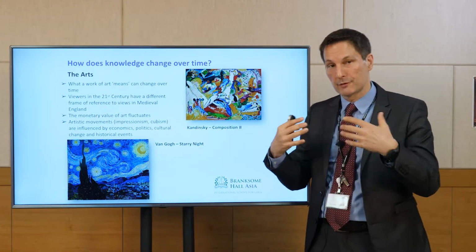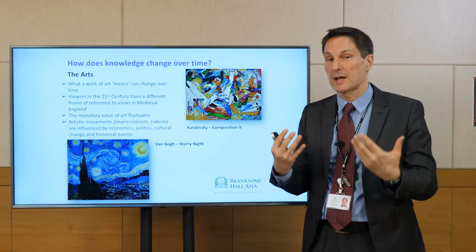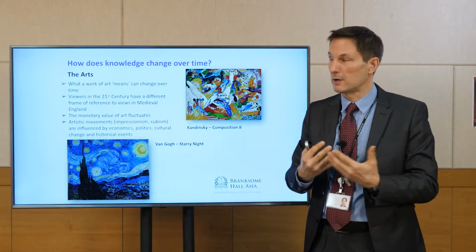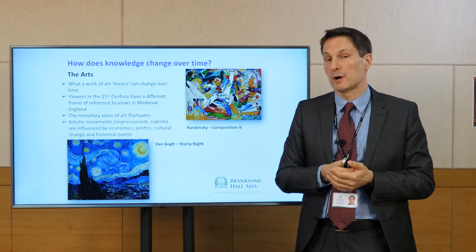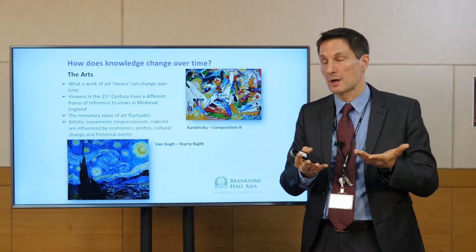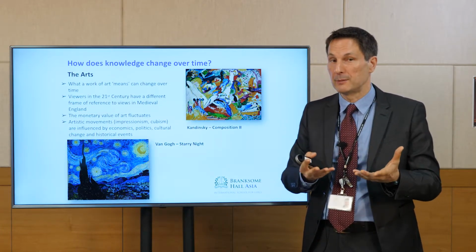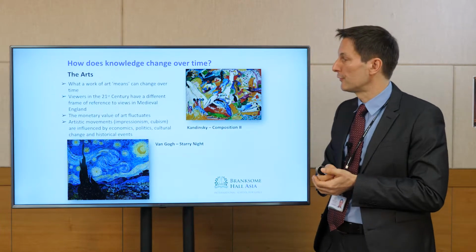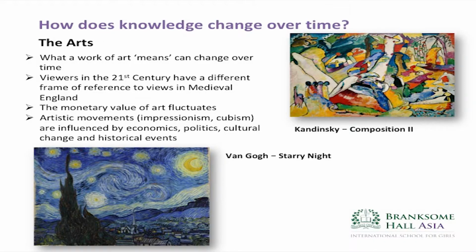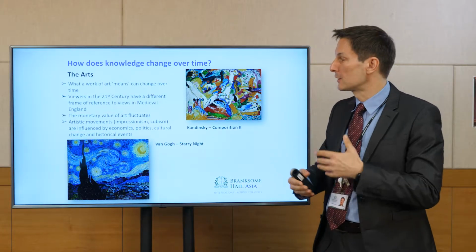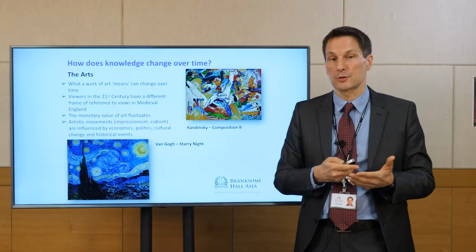We have different roles in life, we have a different understanding of the world, so we perceive the art in a different way. We could talk about the monetary value of art, fluctuating and changing over time depending on the taste of people or depending on the culture of the people who are looking at the work of art. And then we can also talk about artistic movements like Impressionism and Cubism and how these are influenced by external factors like economics, politics, cultural change, and also historical events.